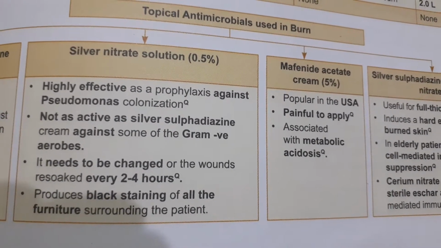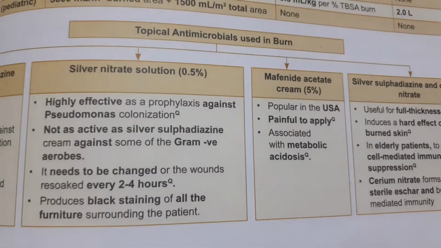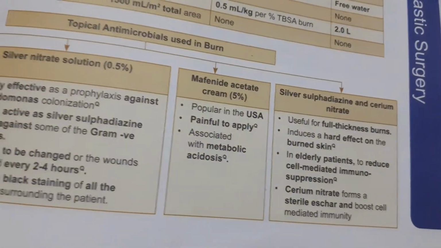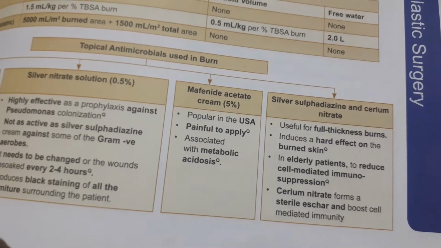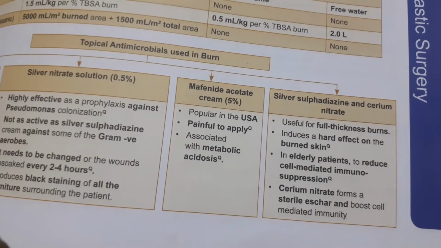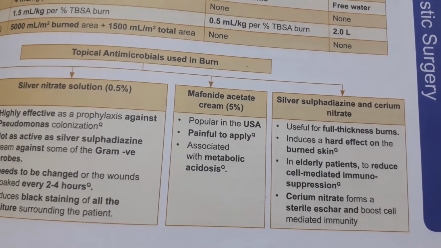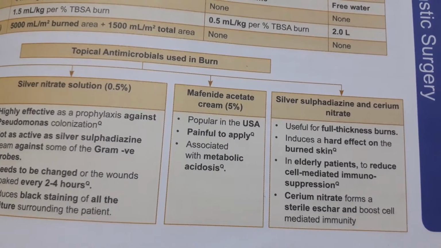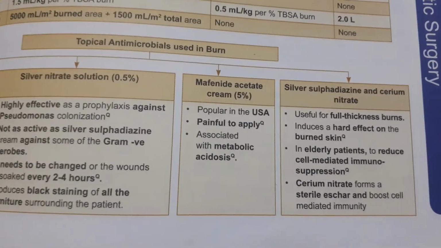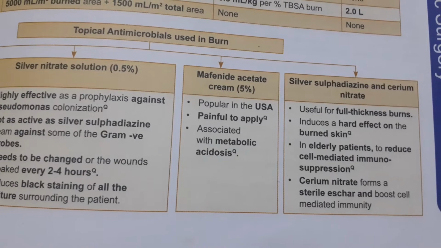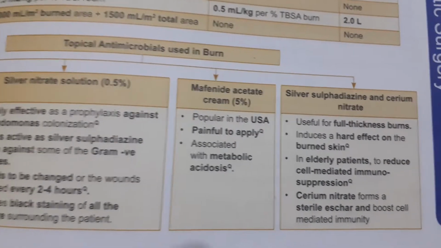Popular in the USA, painful to apply, associated with metabolic acidosis. Useful for full thickness burns, induces a hard effect on the burned skin. In elderly patients, to reduce cell-mediated immunosuppression, silver nitrate forms a sterile scar and boosts cell-mediated immunity.